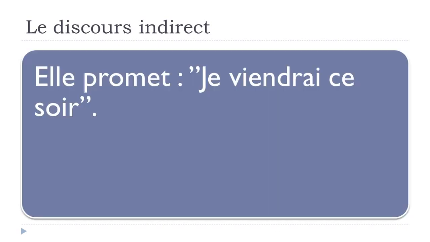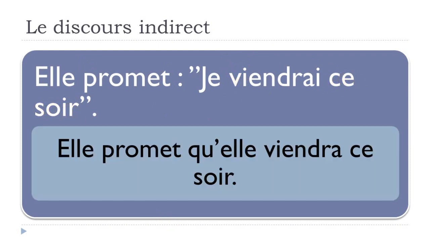Okay, so a third example, elle promet je viendrai ce soir. Okay, promettre is to promise, and then je viendrai, so I will come ce soir. Okay, and here elle promet, que, so we should first have this que. Of course, as we had in the previous example, you must modify this je, okay?